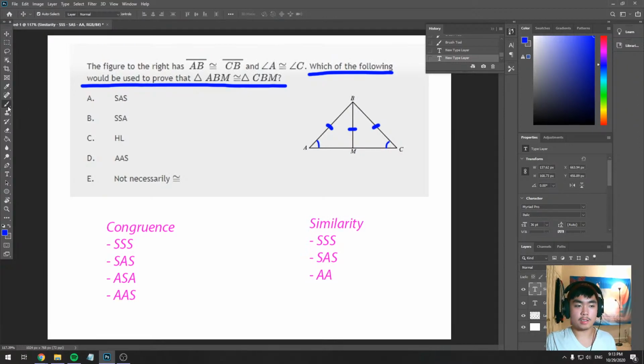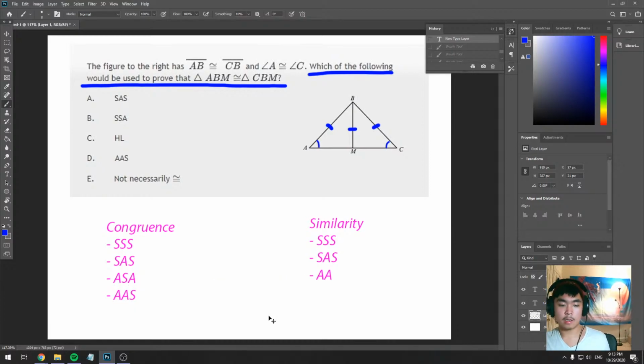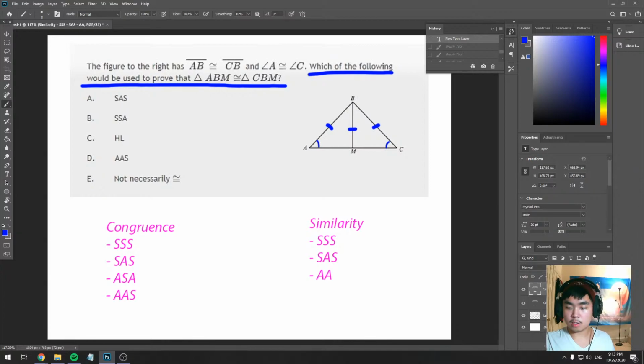So notice when it's 2 angles, right? It's kind of like combining these two. These both have 2 angles. And you're just sort of getting rid of the side pair. So anyway, we're not dealing with similarity, so let's just focus on congruence.